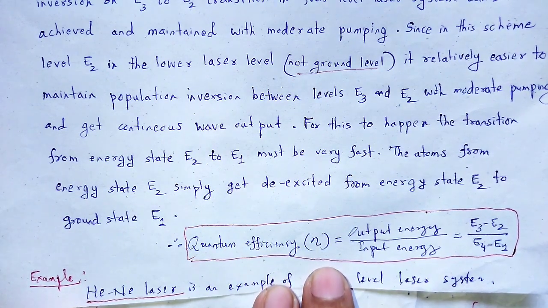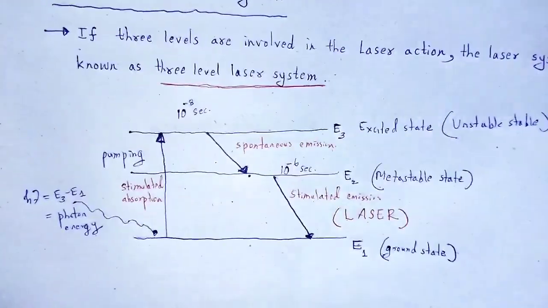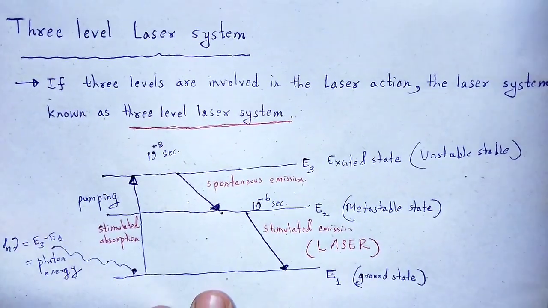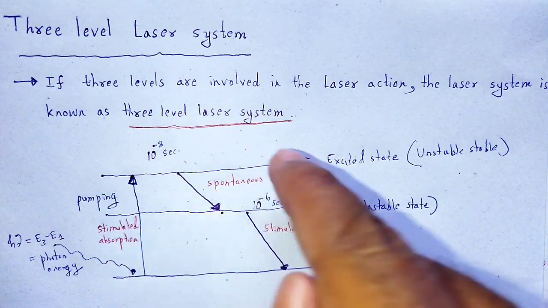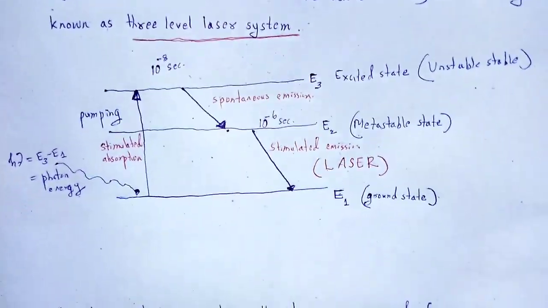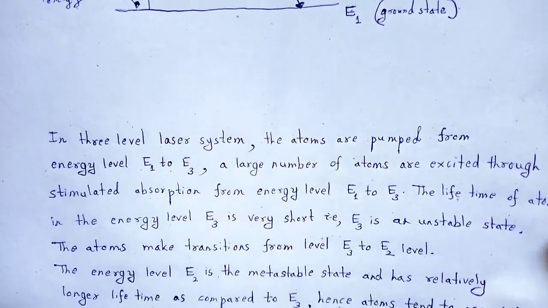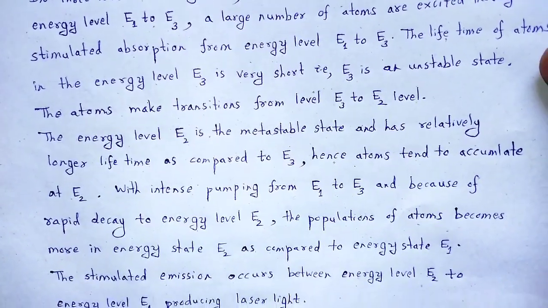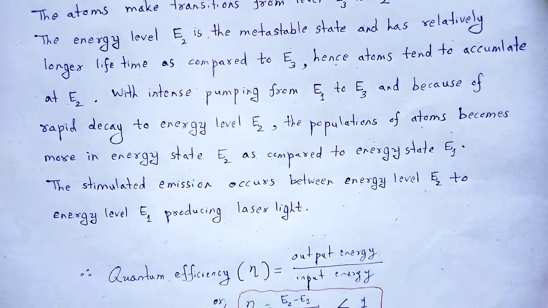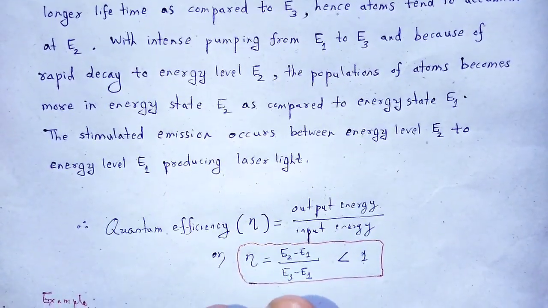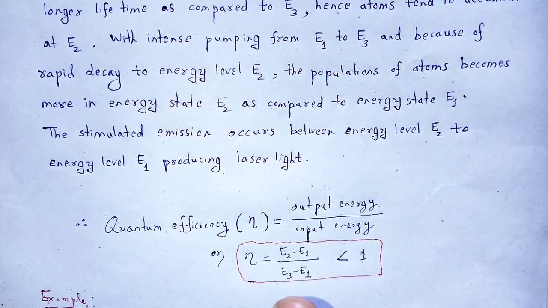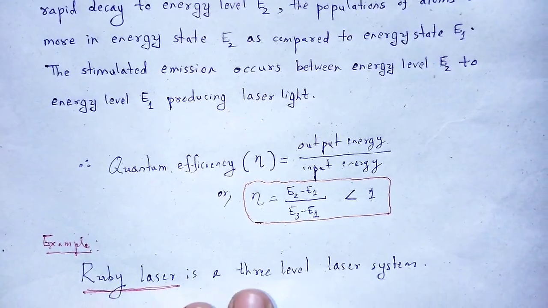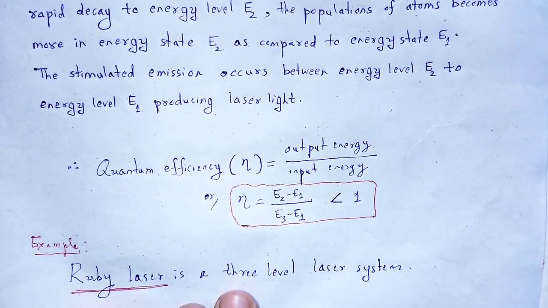So, with the help of this video lecture we understand the concept of the 3-level laser system. What is a 3-level laser system? What are the processes that occur in it? Quantum efficiency in a 3-level laser system, an example of a 3-level laser system.